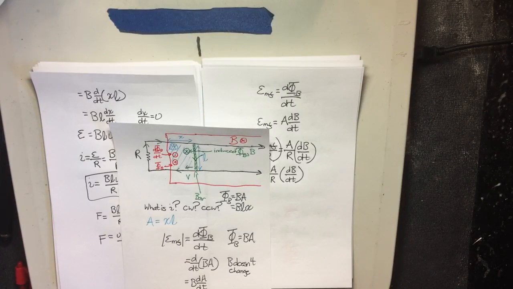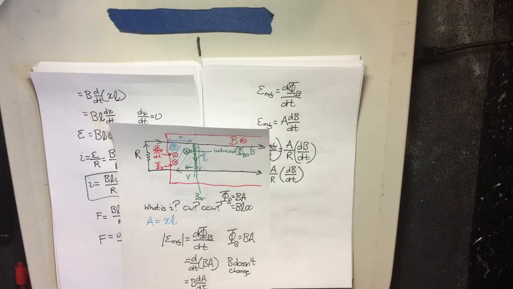Now, this clockwise current, with respect to the bar itself, is the current running from top to bottom in the bar or from bottom to top? Top to bottom.